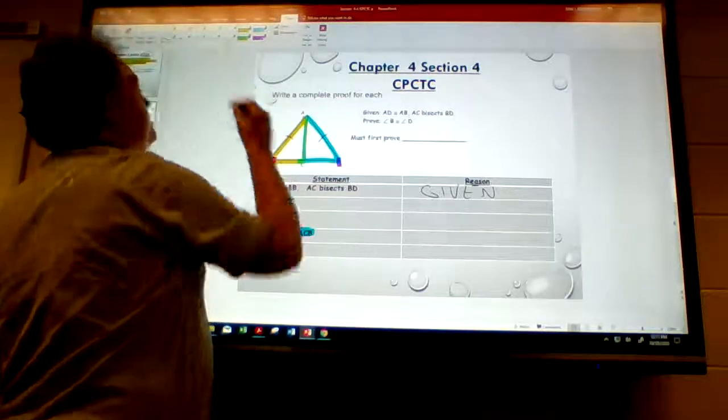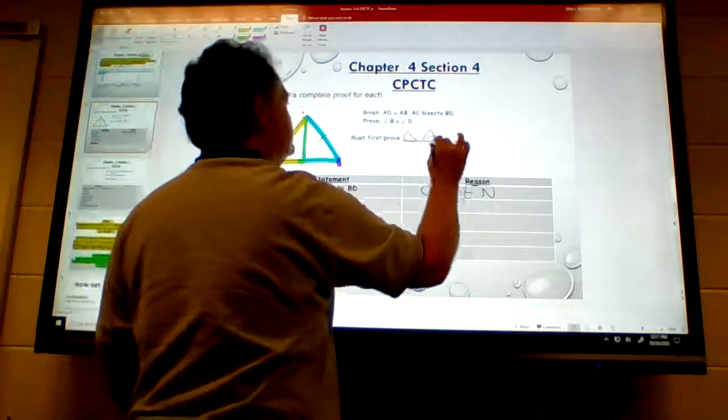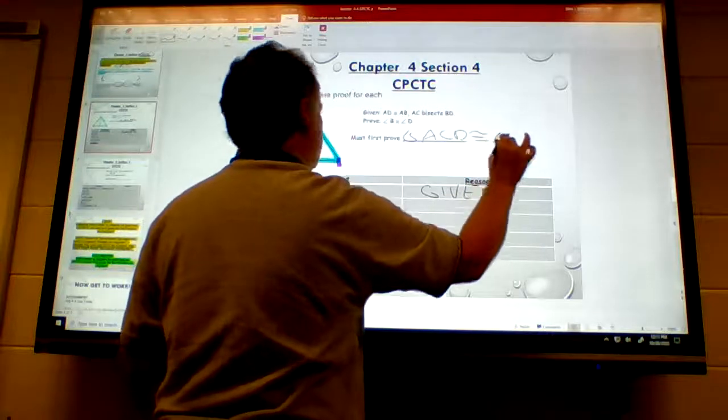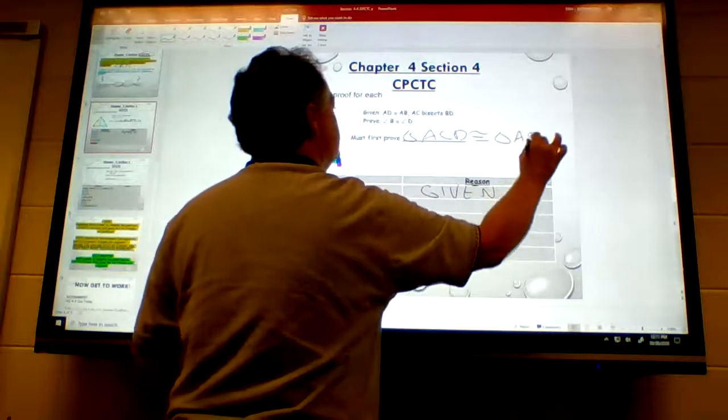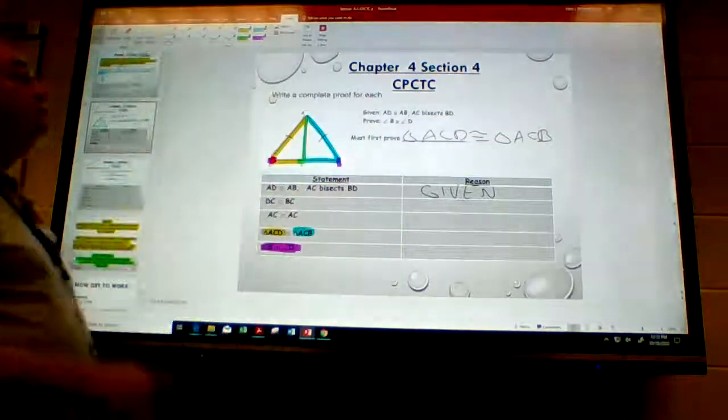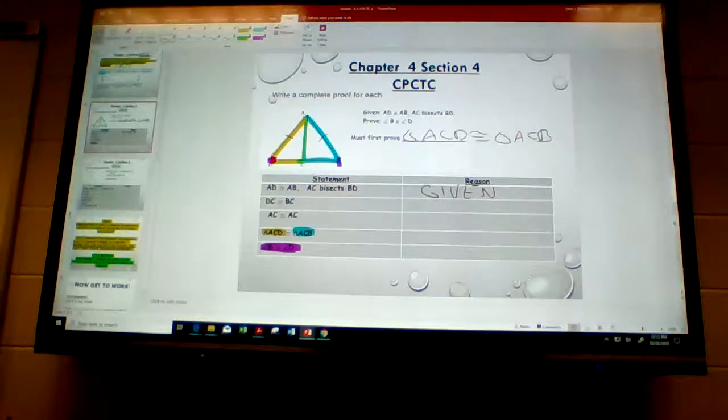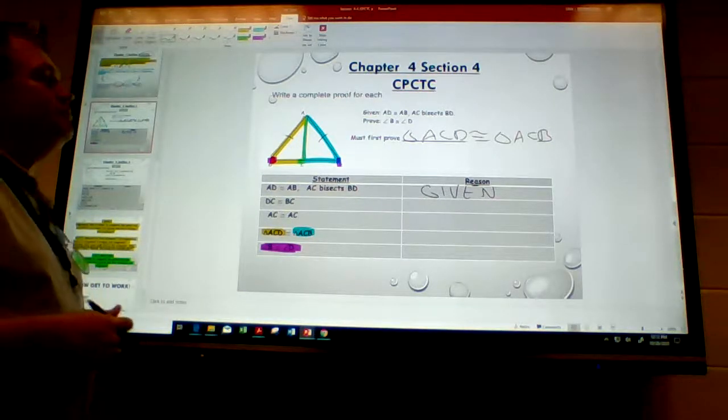So I'm trying to prove the triangle ACD is congruent to triangle ACB. I have to prove the triangles congruent before I can prove the remaining parts are congruent.